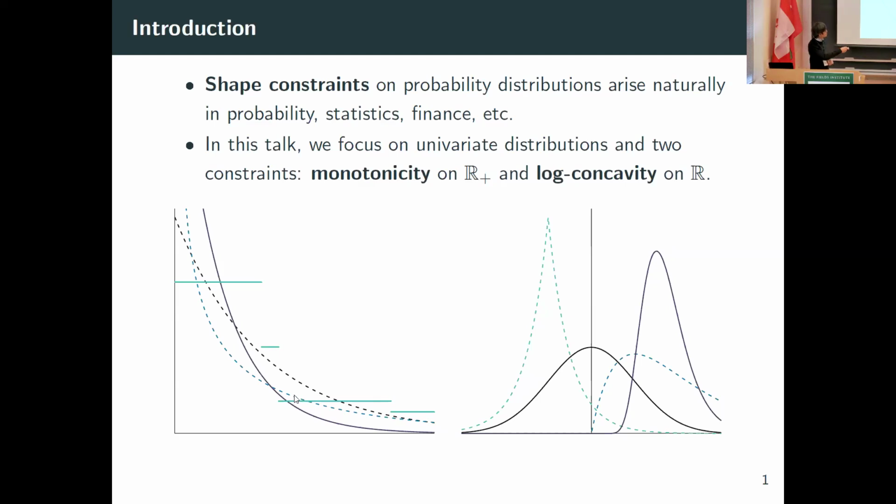On the right-hand side, I have a few log-concave distributions on R, like the normal, log-normal, gamma, and Laplace distributions. And by log-concave measures, I also include the point masses, as they are like a limit of the densities.